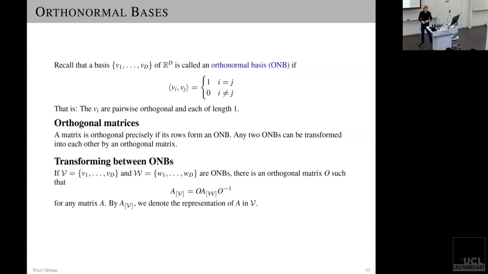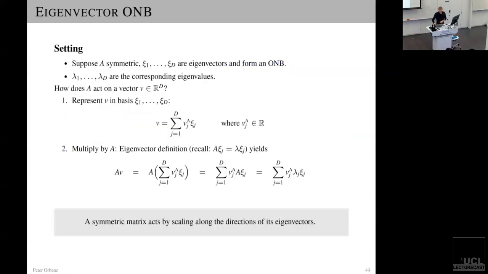So if we put all that together, then we know that if we have a symmetric matrix of full rank, the eigenvectors of that matrix give an orthonormal basis. If we have another symmetric matrix of full rank, then that also gives us an orthonormal basis of eigenvectors. And we can transform between these two bases by an orthogonal matrix.